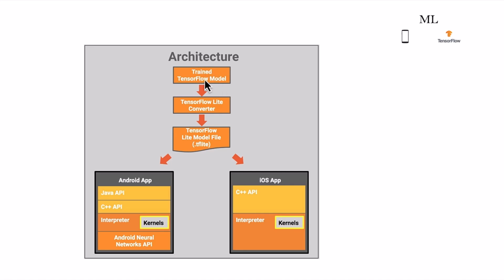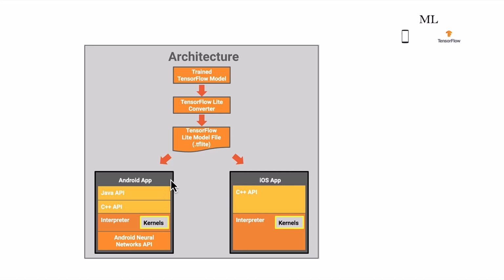There you can see a box indicating a trained TensorFlow model. This is our trained model which we can use on desktop or web, but we cannot use it inside mobile. So here we use the converter of the TensorFlow Lite library, and it converts our model into the TFLite format. And now we can use this model inside our mobile applications, like here we can use it inside Android or iOS.